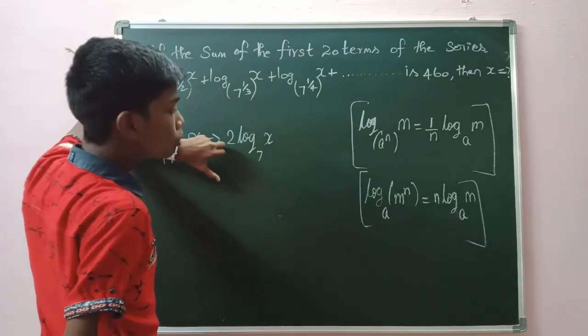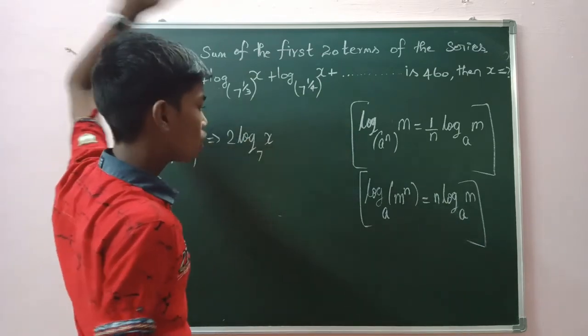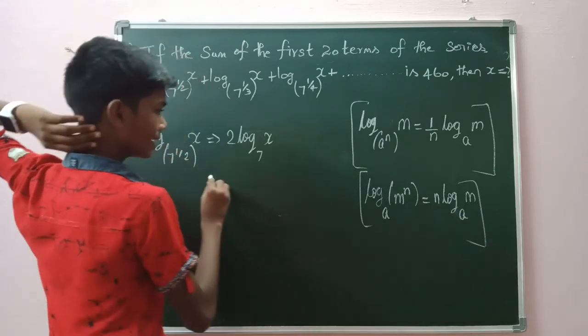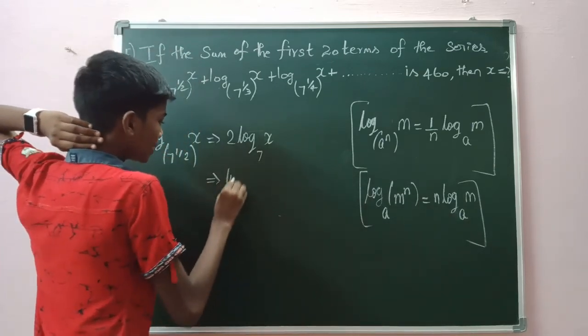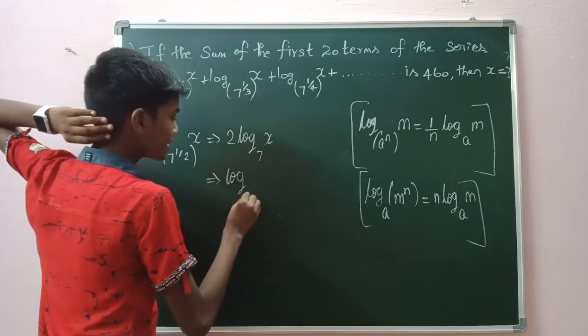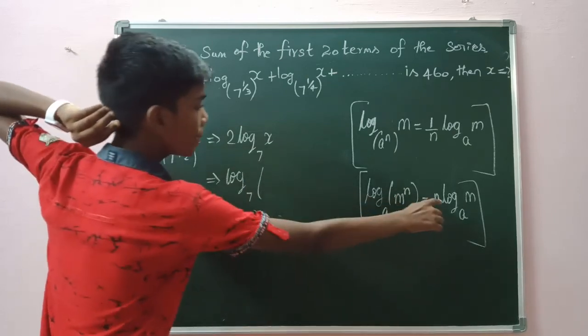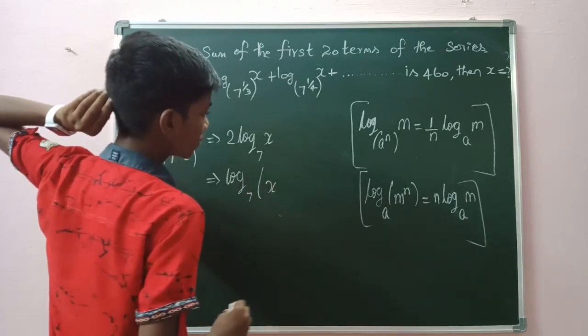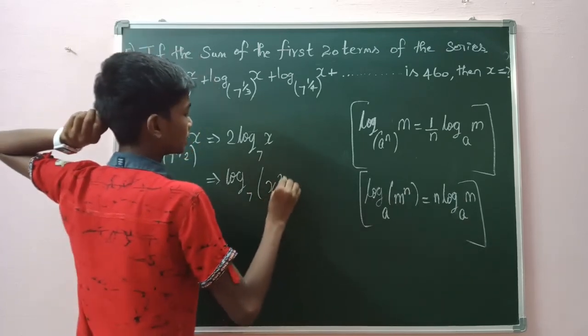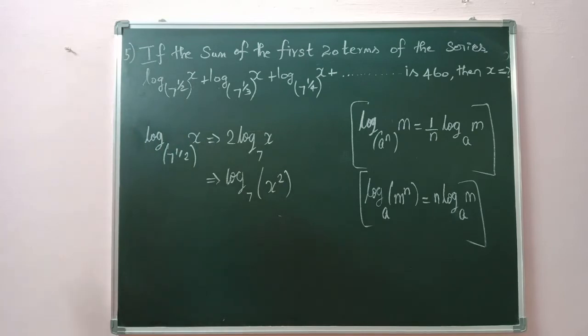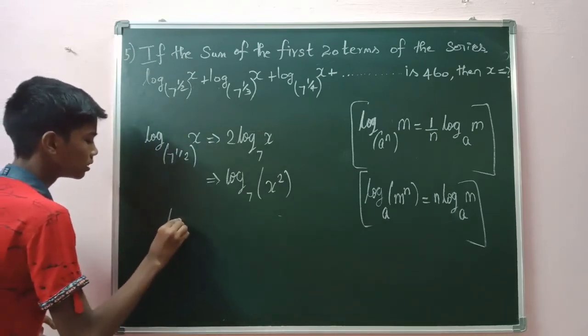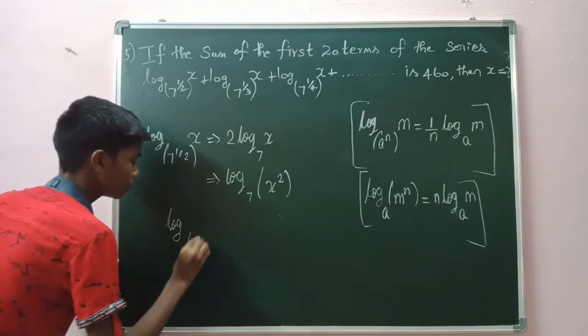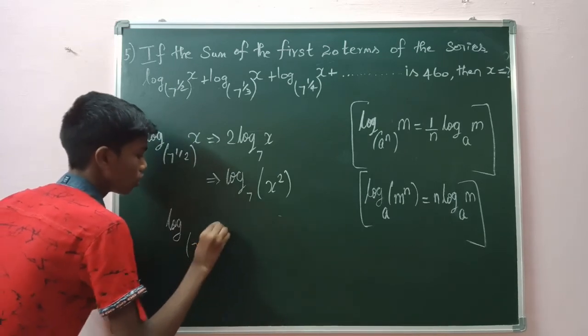N is 2, a is 7, m is x. Hence I can write it as log to the base 7 of x power 2. That is how we change it. Now your second term is log to the base 7 power 1 by 3 of x.